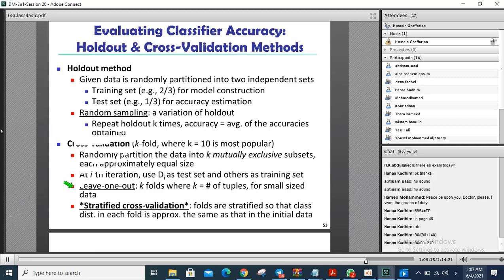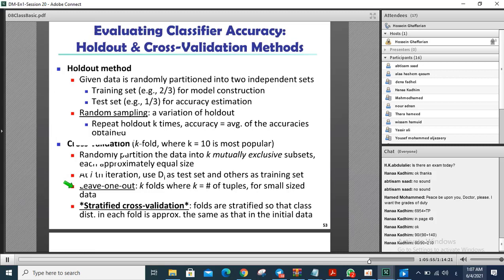I'm reporting this value as the final value if I use the cross-validation method. So in this case, I have a fair method to compare the results.